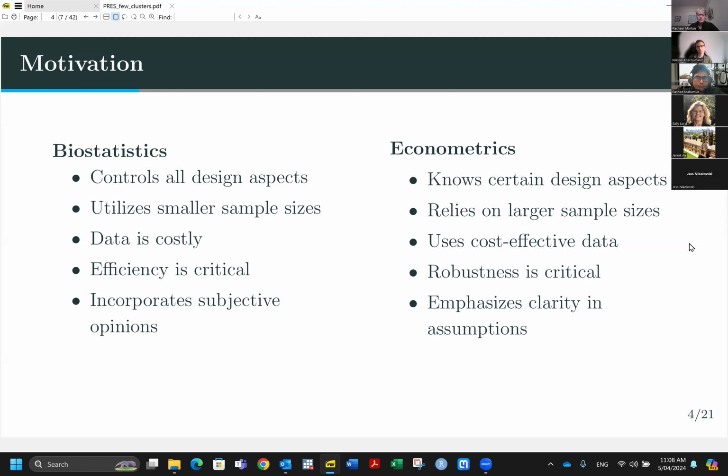In a setting like this, it's important to use methods which only leverage the design's main aspects, which we can ascertain, while the methods should be robust to arbitrary secondary aspects of the design. Econometricians usually emphasize the clarity of the assumptions, so Bayesian methods are not commonly used in econometrics because there are too many choices biostatisticians have to make.